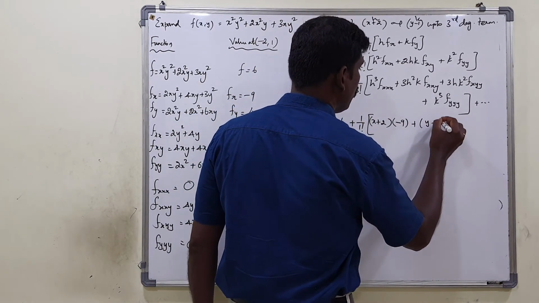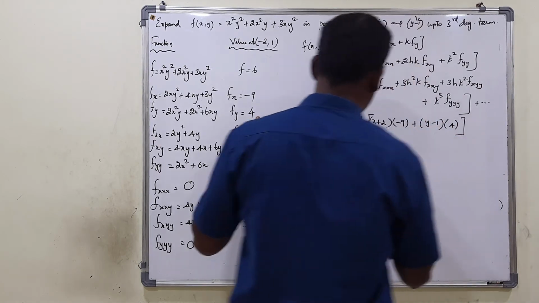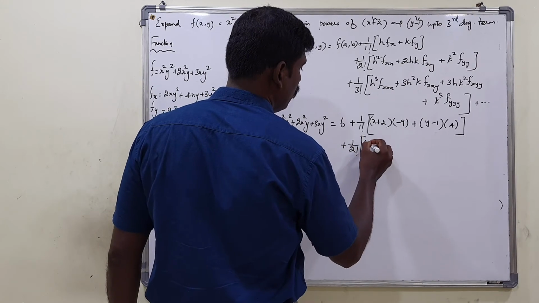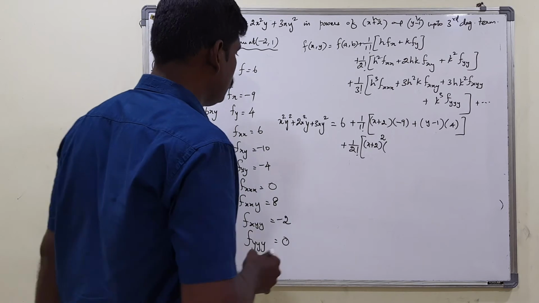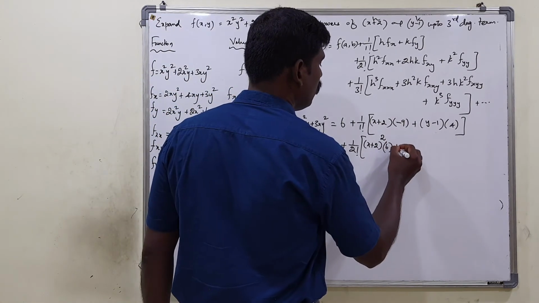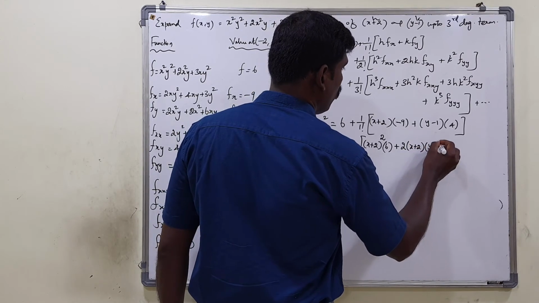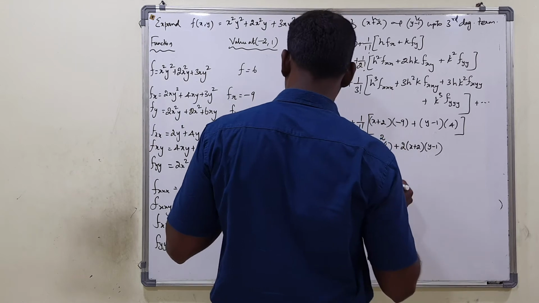plus (y−1) into fy, 4, plus 1 by 2 factorial into (x+2) the whole square into f double x, 6, plus 2 into (x+2) into (y−1) into f double xy.